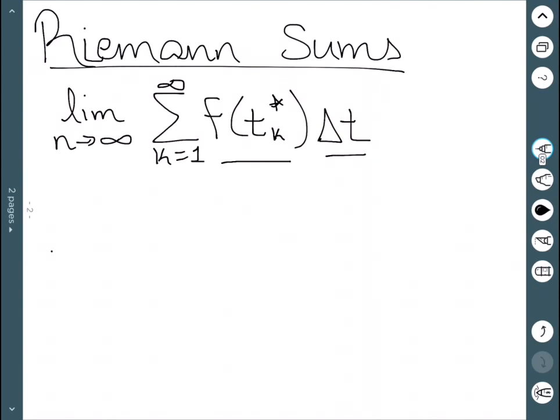In general, delta t is equal to b minus a over n, where a and b are the endpoints. And t sub k star is some kind of sample point in that interval. This can change depending on if we want to deal with a left endpoint, a right endpoint, or a midpoint.